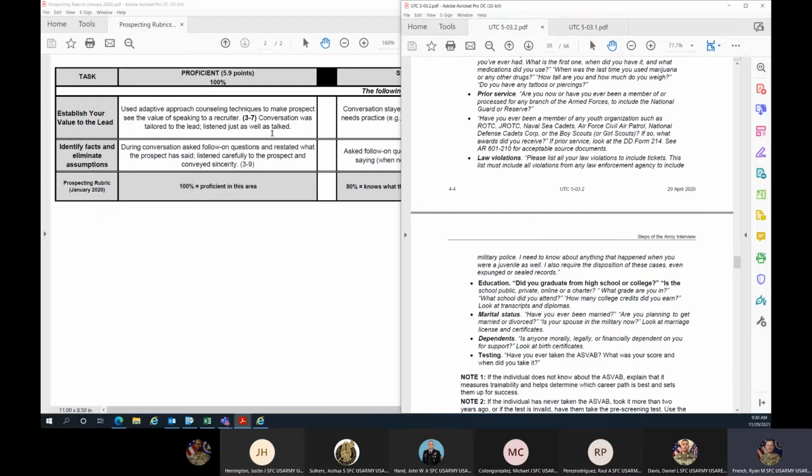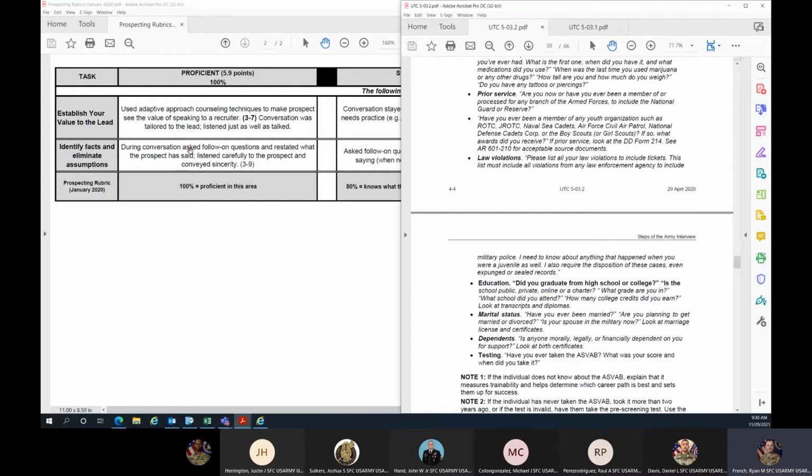So if they tell you that they want to open an automotive shop and you're talking about tuition assistance and the GI Bill, you may get marked down on that by the evaluator, depending on how you tied that in to achieving their goal of getting the automotive shop.